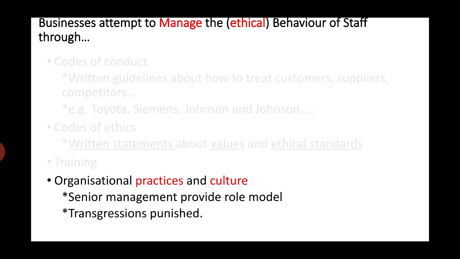Let us see. Senior management provide a role model. If you want your organization to deal ethically with the right practices, that means creating that good culture in the organization: punctuality, transparency, respect, saying the truth. So you are creating a good base for that organization.